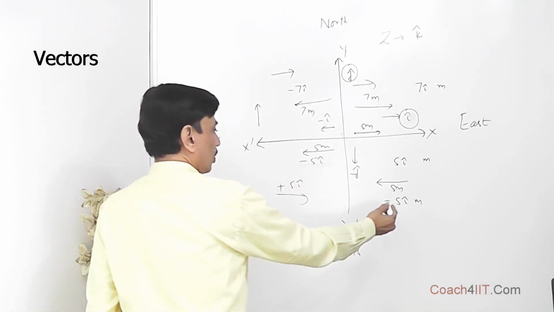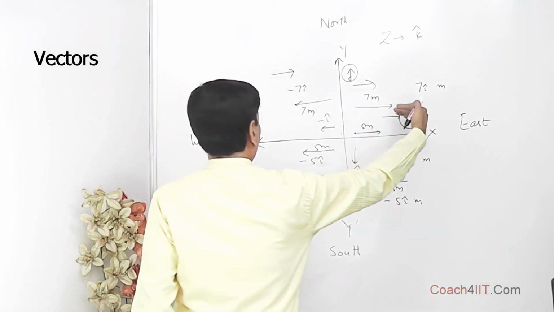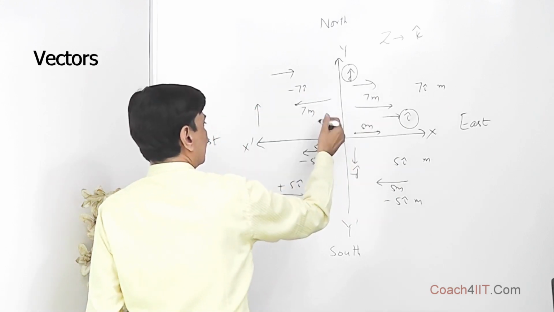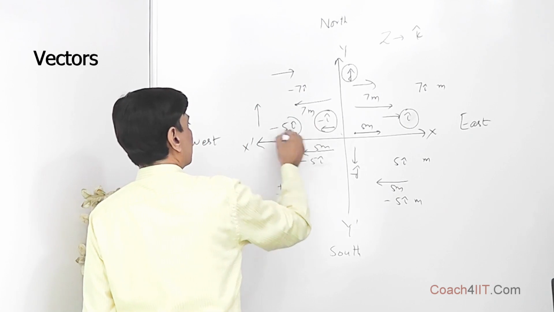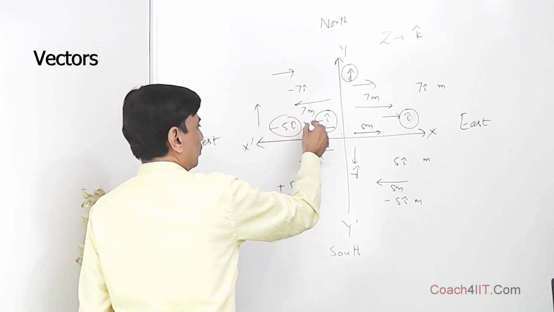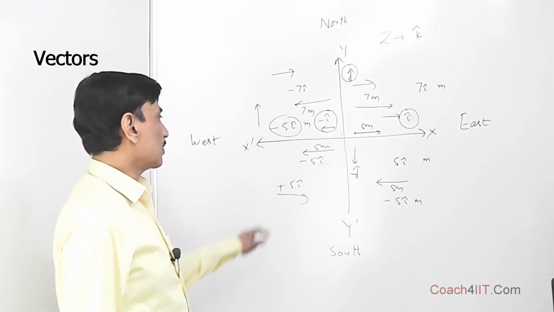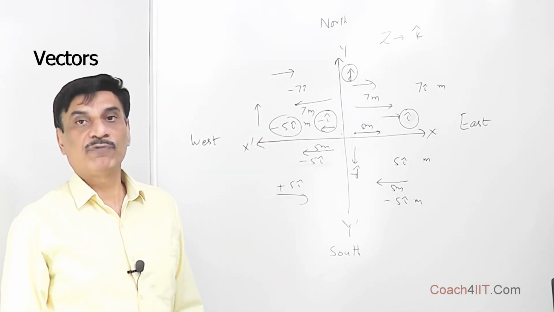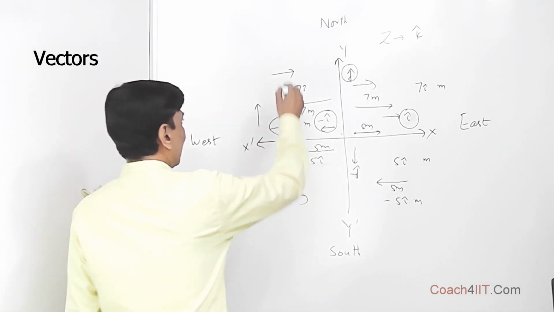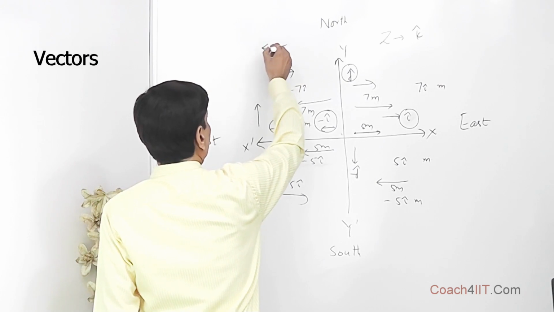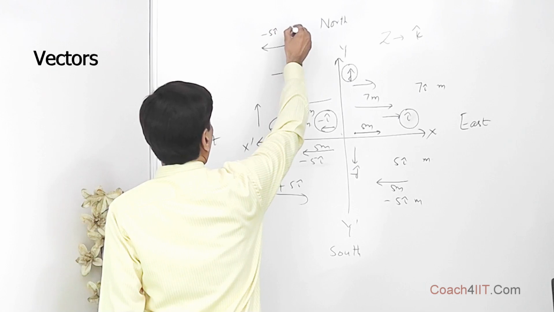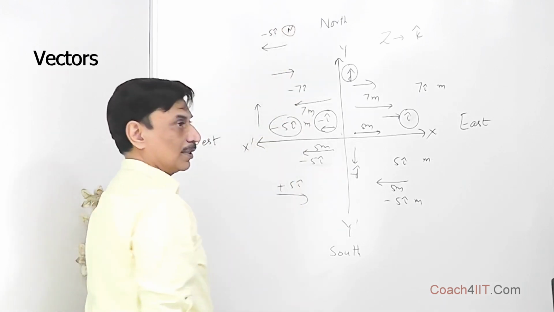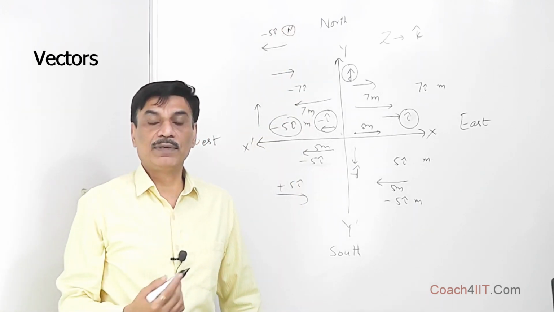If he has moved in this direction in any of the quadrants, it is minus i cap, so we'll say his displacement is minus 5 i cap, and we'll put the units. If instead of displacement we have a force being applied in this direction as 5 Newton, we'll say the force is minus 5 i cap Newton. The units will change, but the basic principles remain the same.